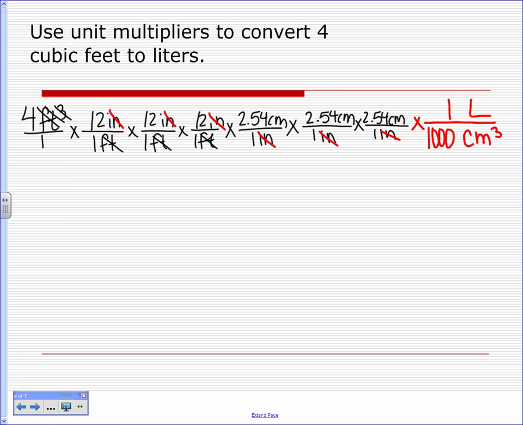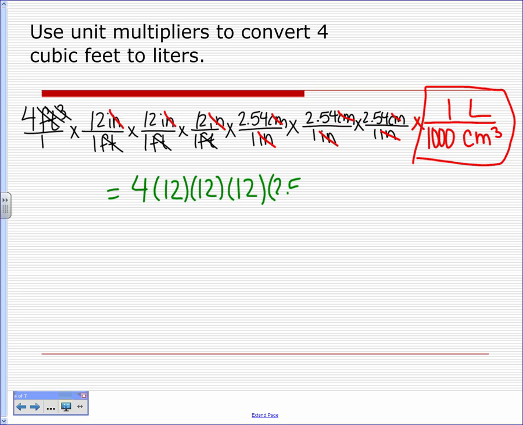You see how that works? That's the only new thing on these types of problems. No, because the centimeters cubed cancels with all 3 of these. So yeah, you only do this one time.